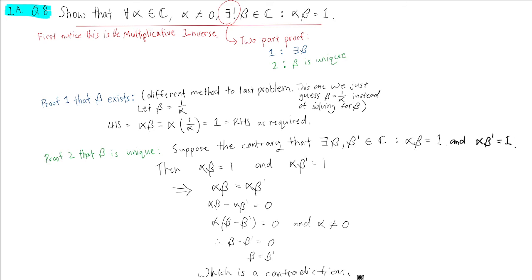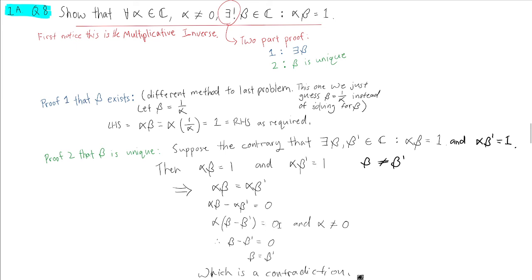And beta cannot equal beta prime because they need to be different. So then we get alpha times beta equals alpha times beta prime. Because they both equal 1, we can set them equal to each other. Then we can factor out alpha by reversing the distributive property in complex numbers.